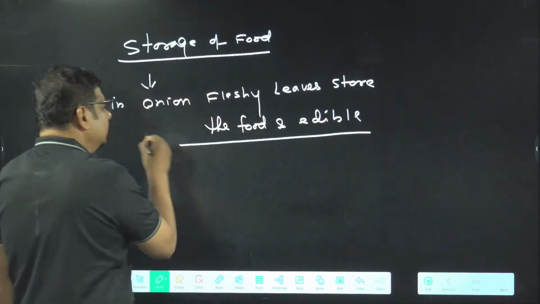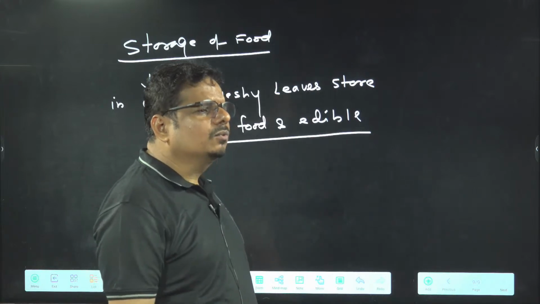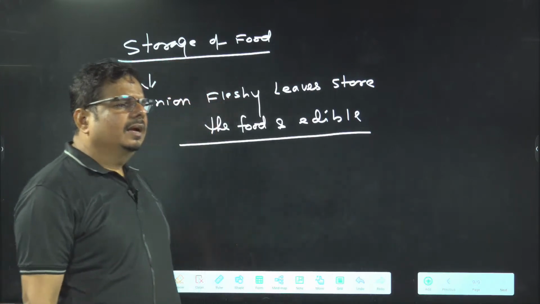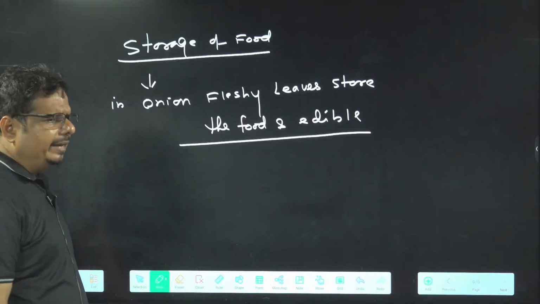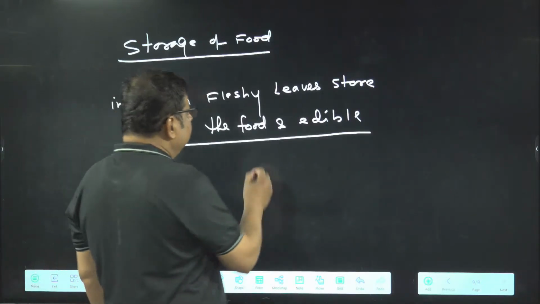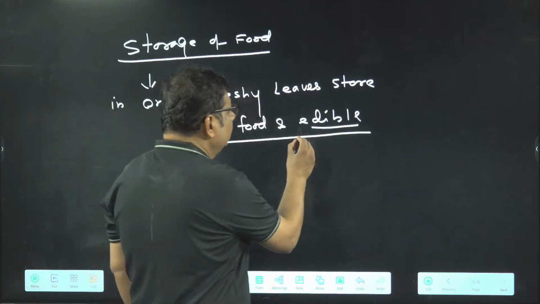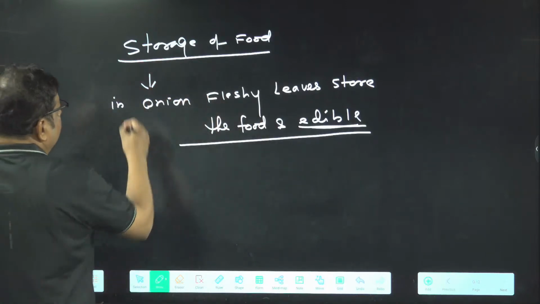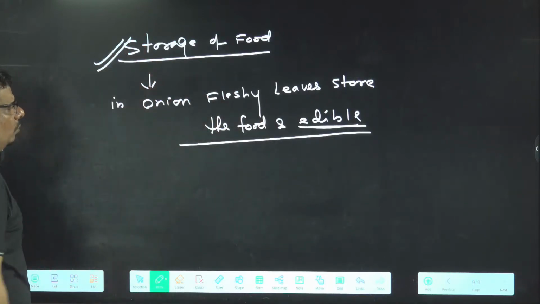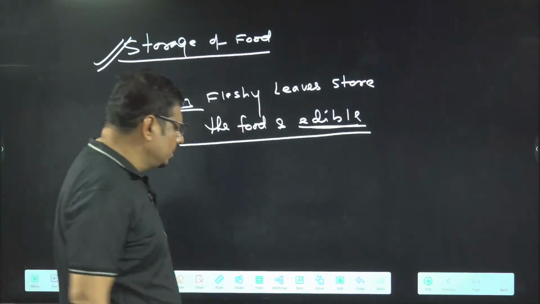So in onion, food is not stored in the stem. I told you a discoid stem is there. Food is stored in the case of which one? Leaf, the fleshy leaf, and this fleshy leaf is edible in the case of onion. Are you getting the idea? So this is about modification of leaf for storage of food. We report it in onion. This is the example mentioned in your textbook.